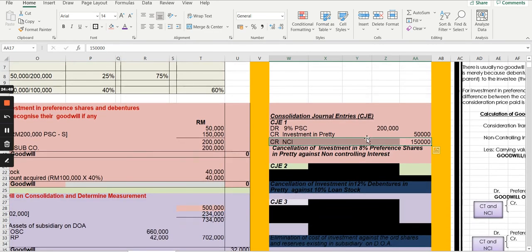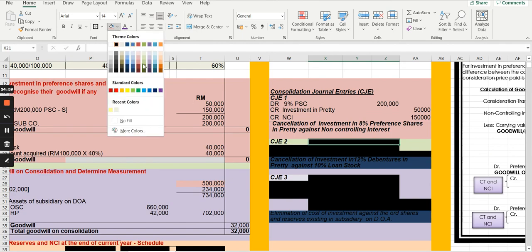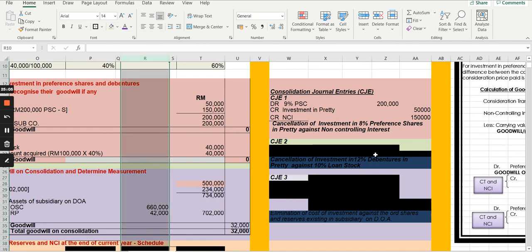Meaning you have already eliminated the investment in preference shares. The next one is the consolidation adjustment that involves the debenture, the cancellation for debenture.